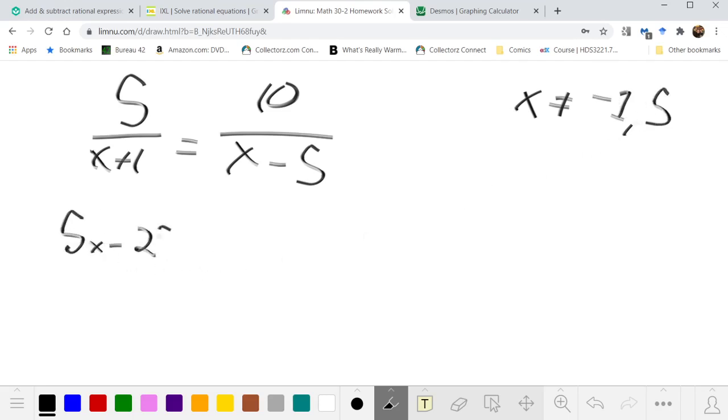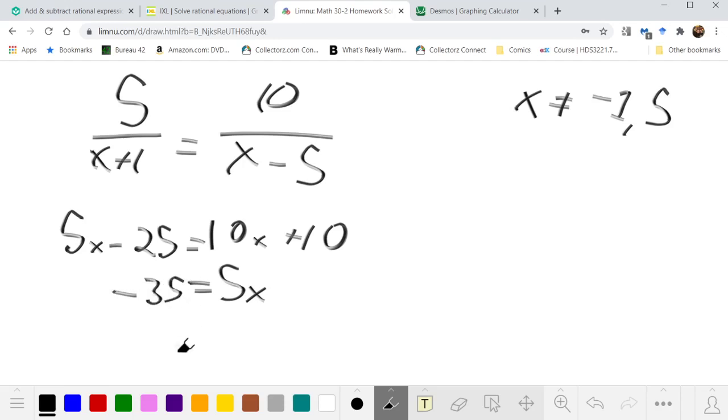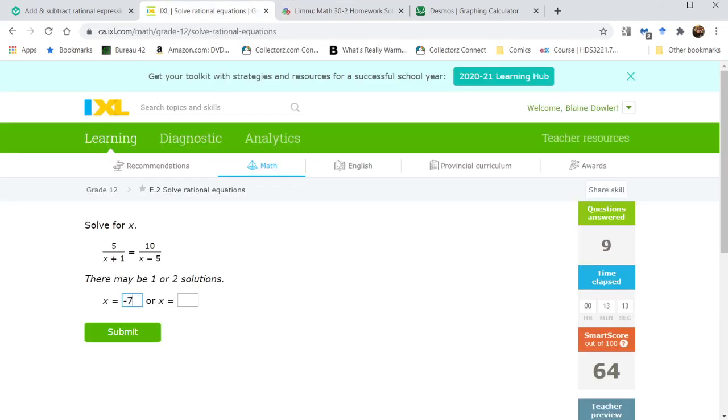Cross multiply. Gather our x terms on the right, so we have a positive coefficient of x. Gather our constants on the left. Since we don't have a quadratic, we're going to be able to solve this with division. x is negative 7. And that solves the first 10 questions on this homework assignment.